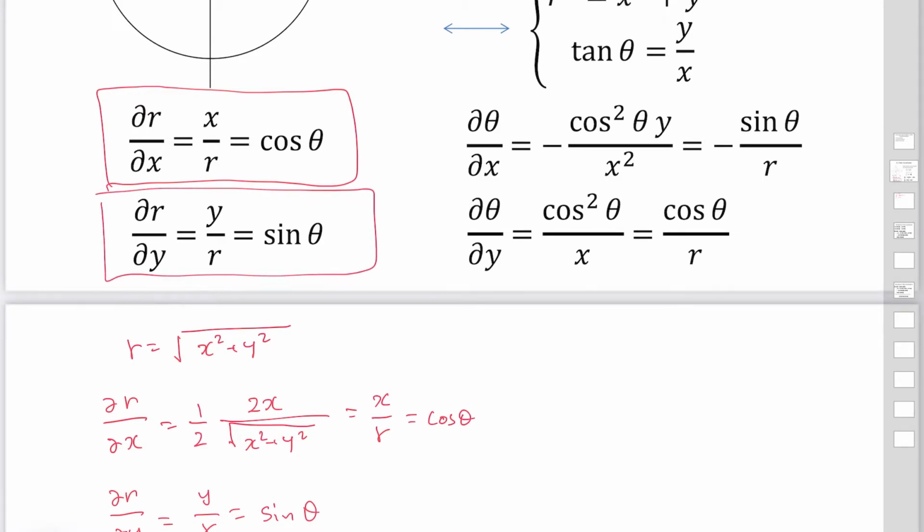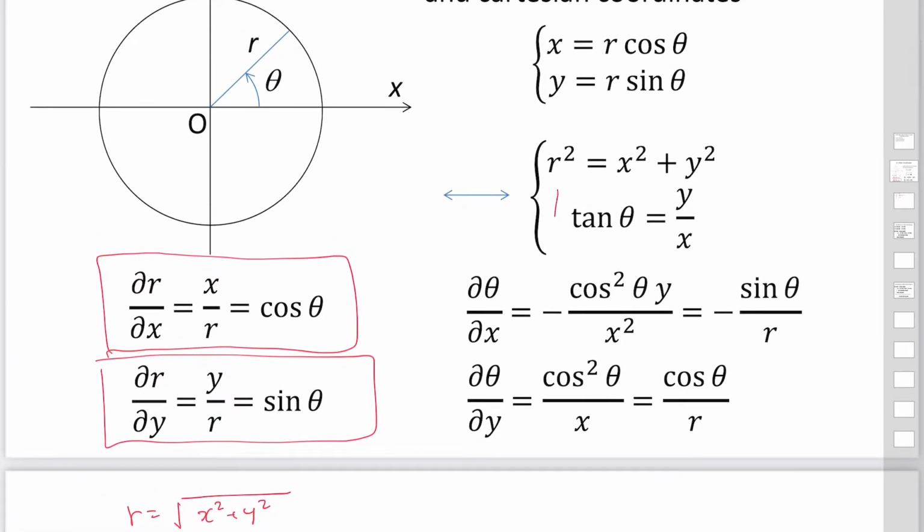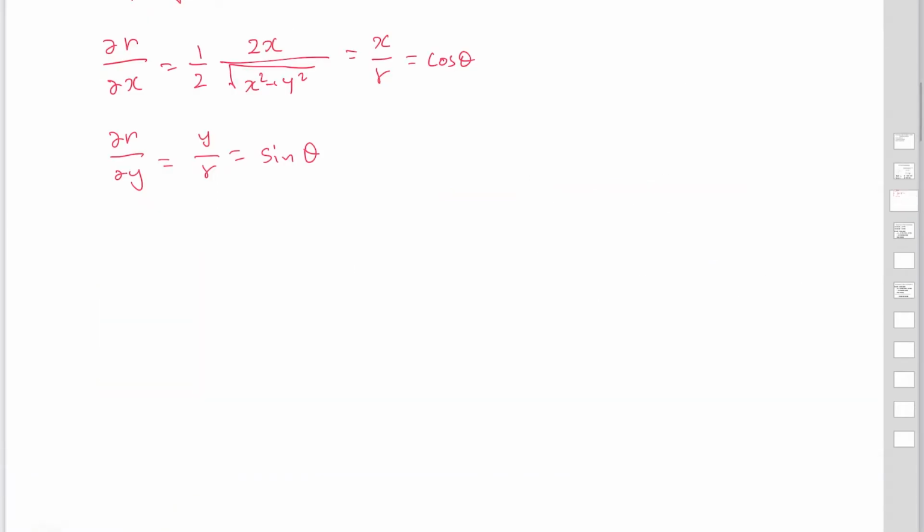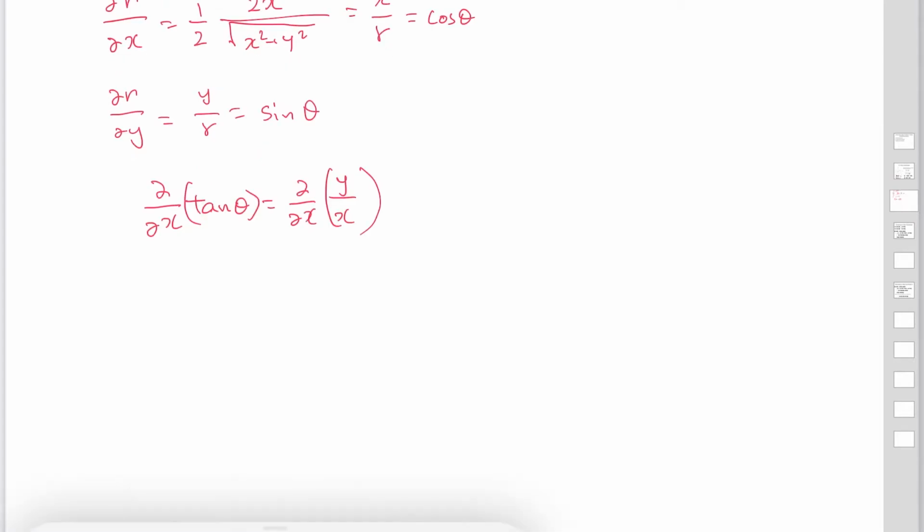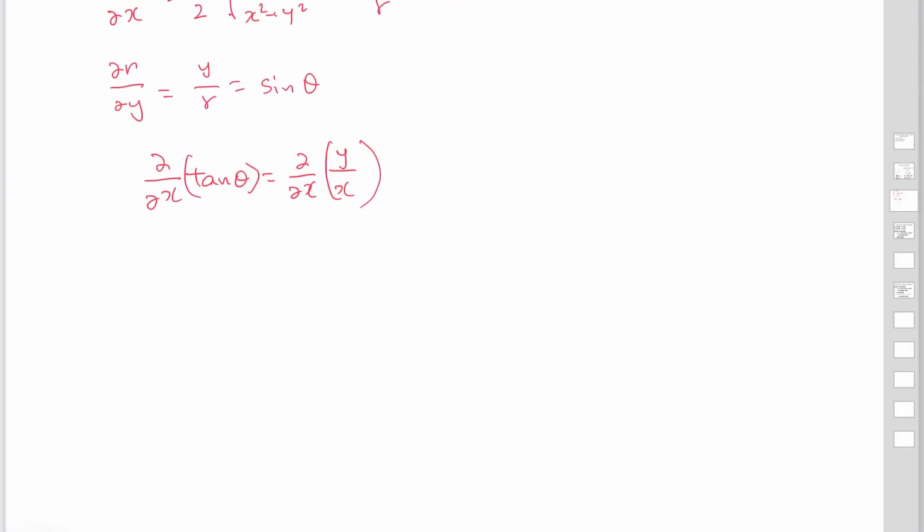Now we'd like to derive the equation for the partial derivative of theta with respect to x. To derive this equation, we use tangent theta equal y over x. Taking the partial derivative with respect to x on both sides of the equation, the derivative of tangent theta with respect to theta becomes 1 over cosine squared theta.